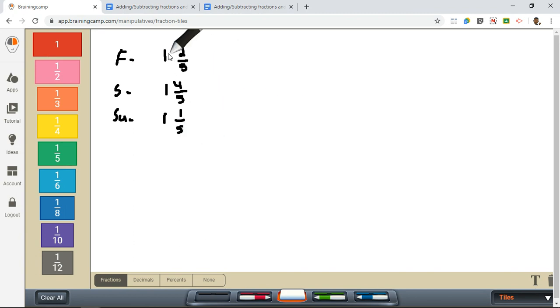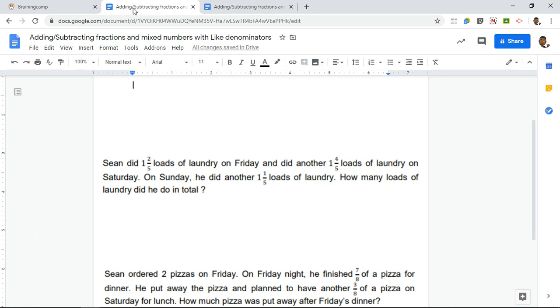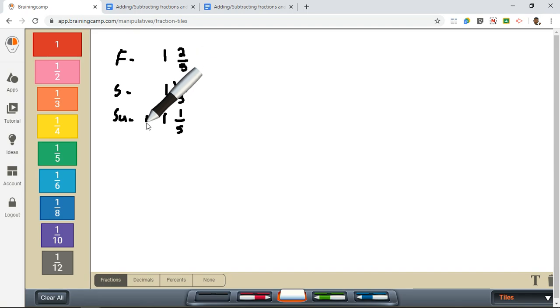So right away, we can see that we have 1 whole, 2, 3. So we have 3 wholes there. And then we, of course, got to work with the fractions. So anytime it's saying he did something, he did more, and then he did more of something else, well, then the question we're asking is, how many loads of laundry did he do in total? So we then need to add all of these up.